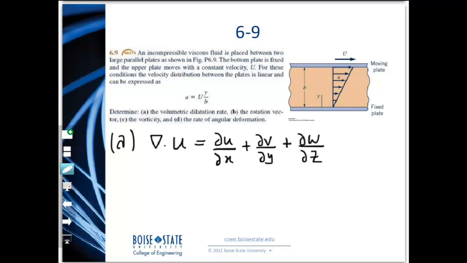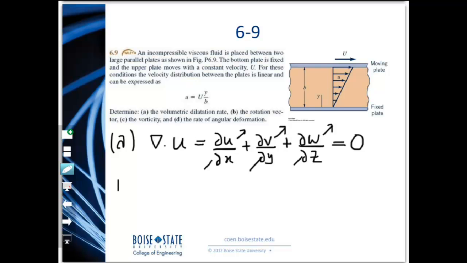Okay, so you can see that u is not a function of x, so this is 0. Dou v over dou y, there is no y component. V is 0, and the w component is 0. So this is 0.